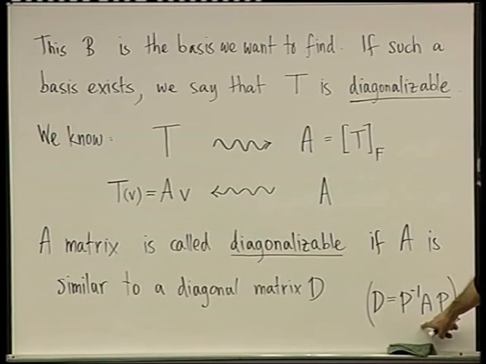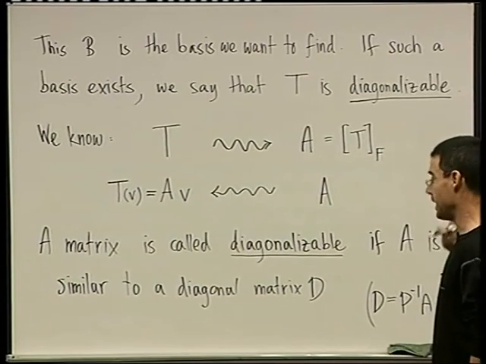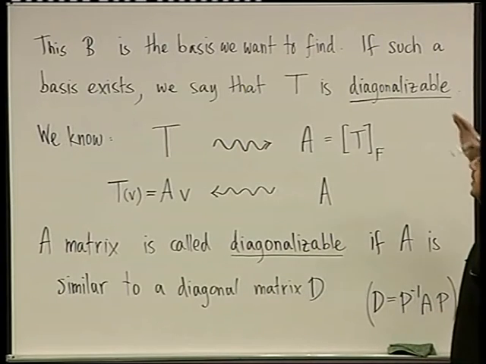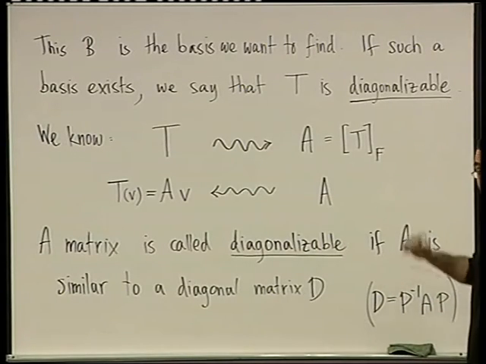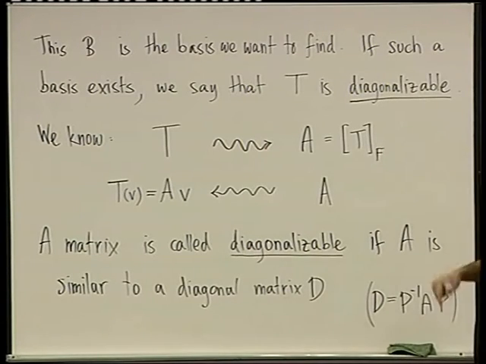Good? Okay. So the two questions we want to ask: how do we know if a map or a matrix is diagonalizable? And if it is, how do we find the B that does the job? Here are the two questions.